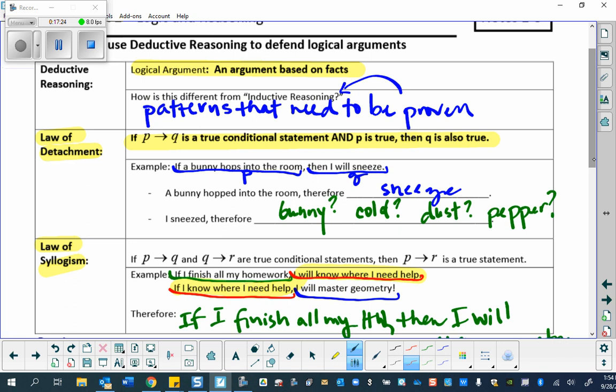Now let's say you're taking your quiz and I'm walking around and you hear me sneeze. What does that mean? It could be a bunny. It could be that I have a cold. It could be that it's dusty. It could be maybe pepper or something else that makes you sneeze, right?